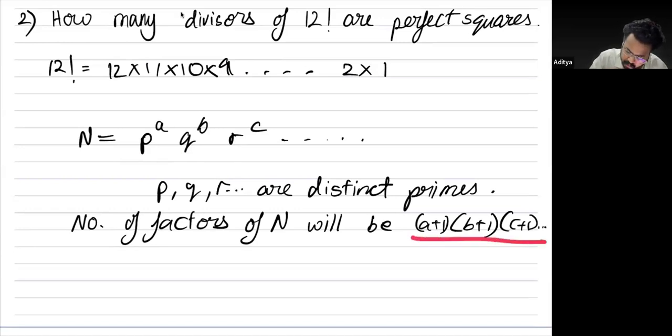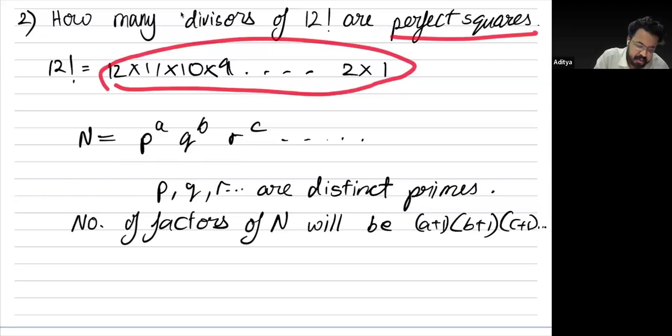Keeping this in mind, try to figure out the number of perfect square divisors of 12 factorial.